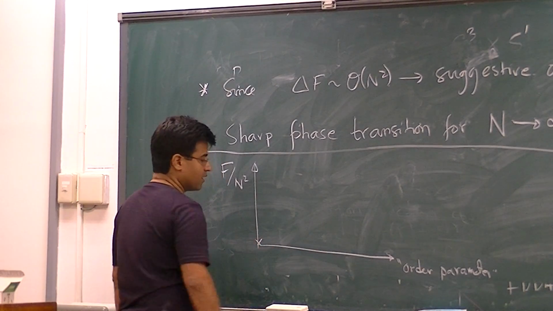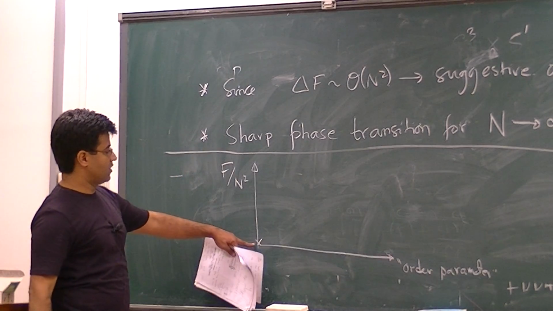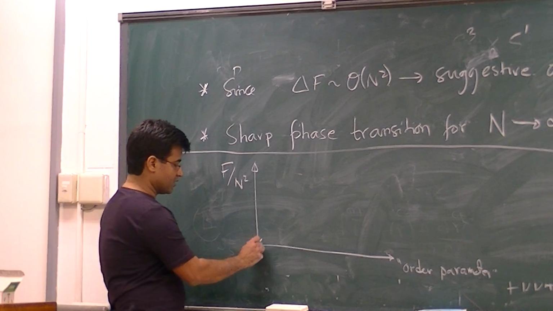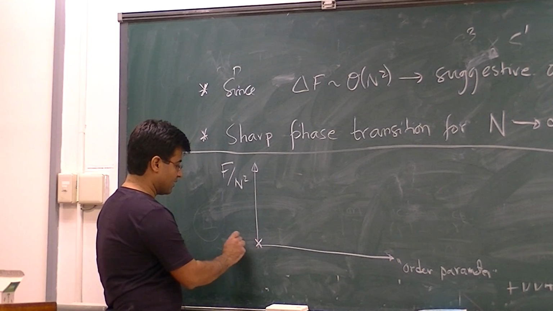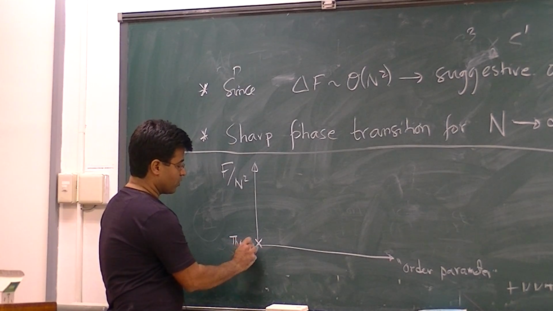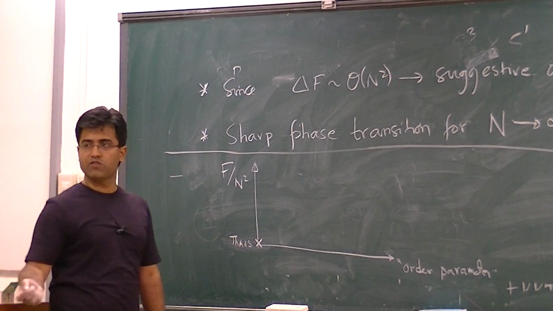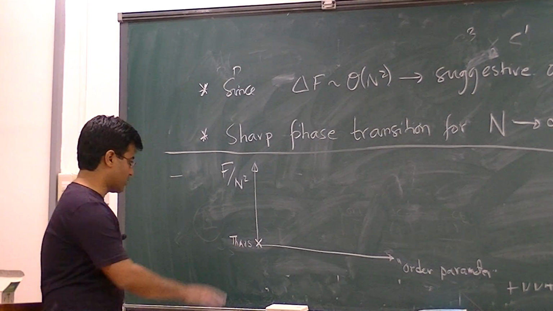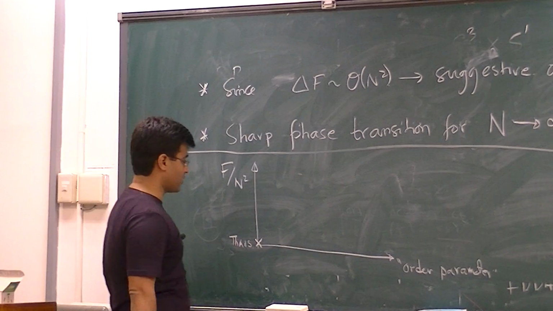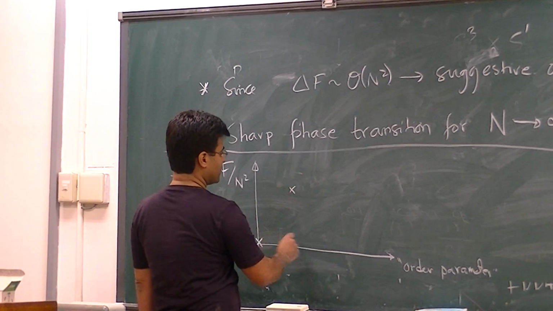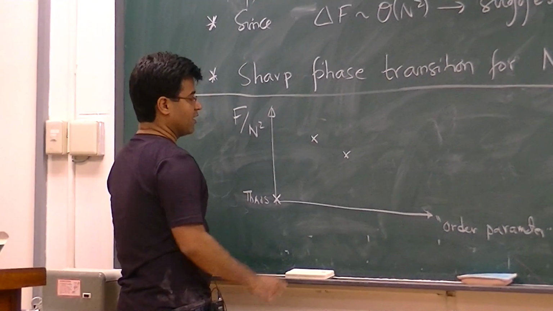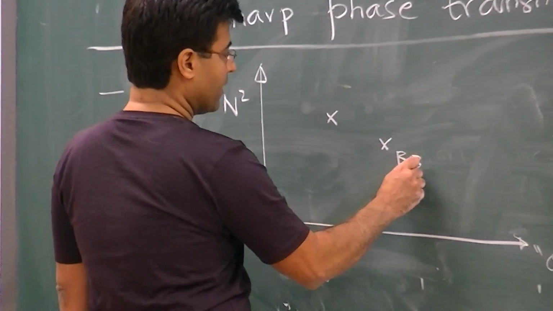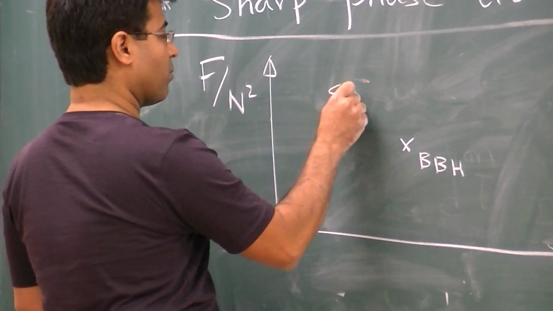There would be this saddle point which we will call thermal AdS, and I will draw it exactly at 0, because thermal AdS seems to do nothing interesting. It seems to have a free energy that's just constant as a function of temperature. So let's take that as the 0 reference point. There's going to be another saddle point there and another saddle point there, and this is what we call the big black hole, and this is going to be the small black hole.